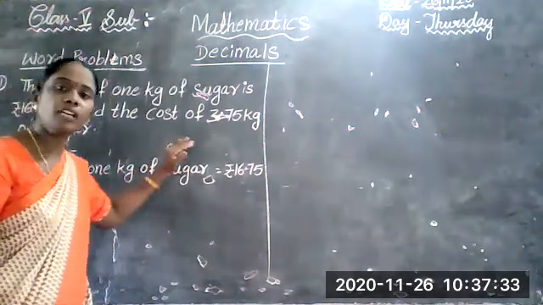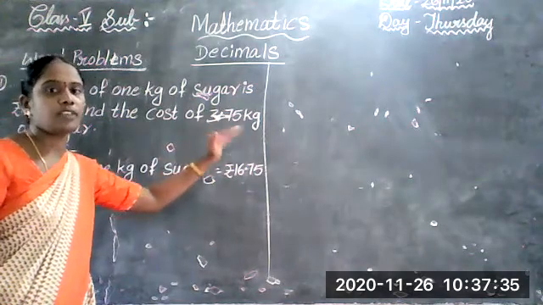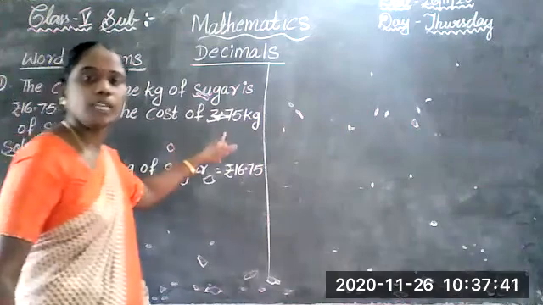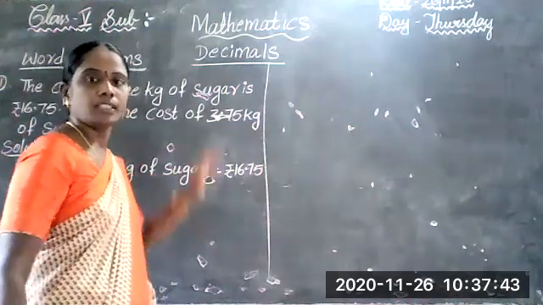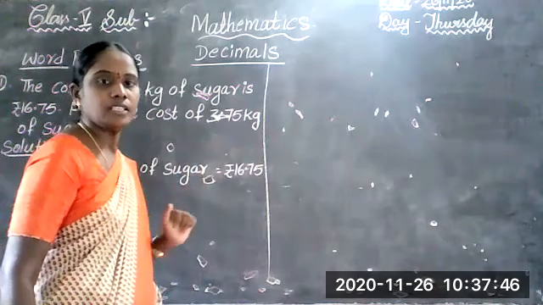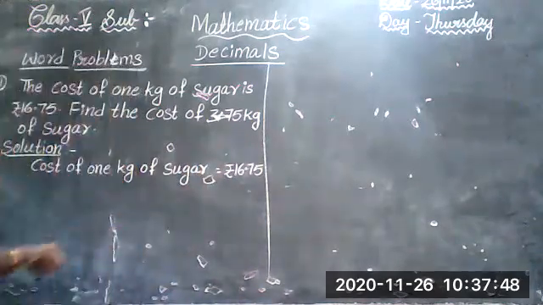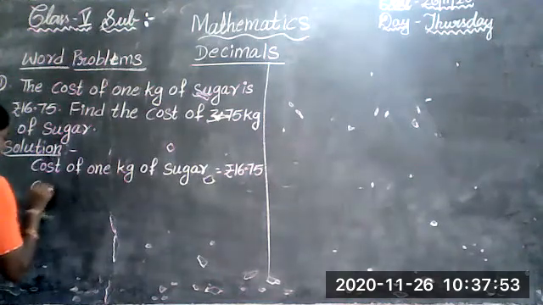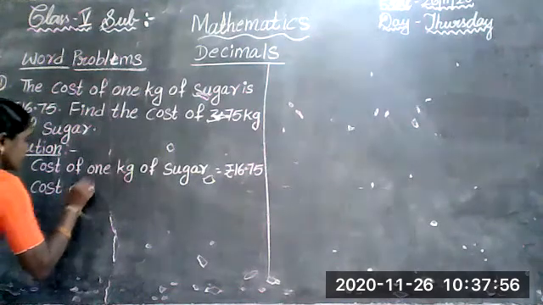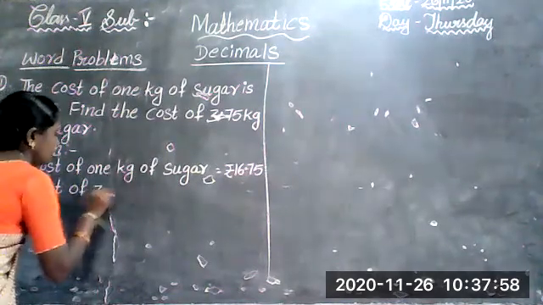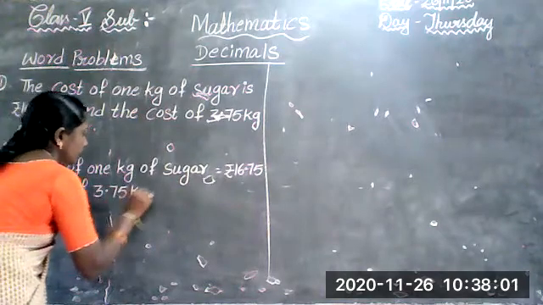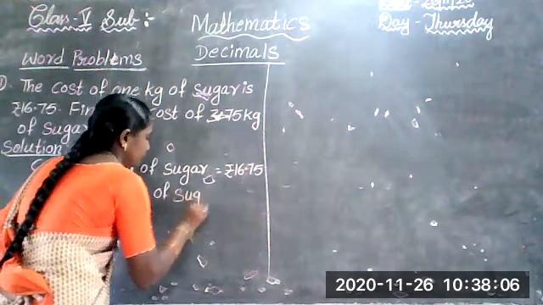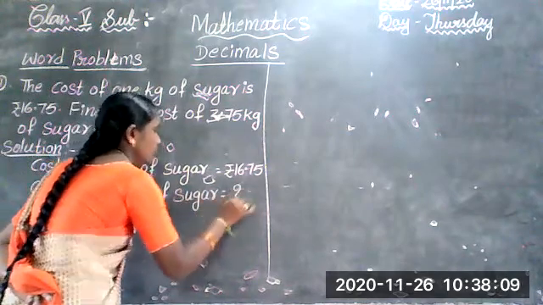Now we find out the cost of 3.75 kgs of sugar. Next step: what is 3.75 kgs? Cost of 3.75 kgs of sugar, question mark.